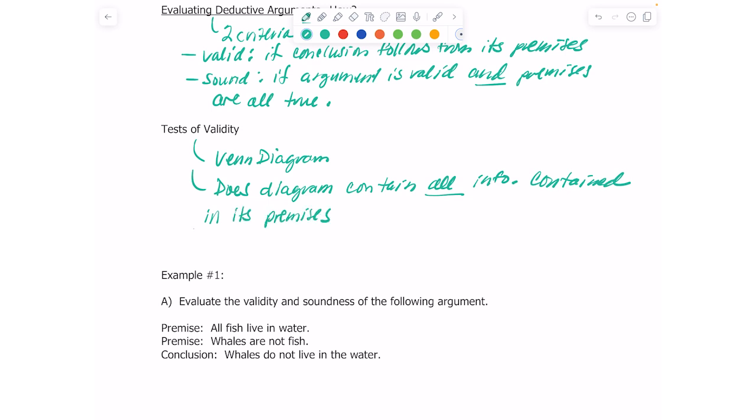And then we also need to check to see whether the Venn diagram confirms the conclusion. If it does, it means it's valid. Otherwise, it'll be invalid.